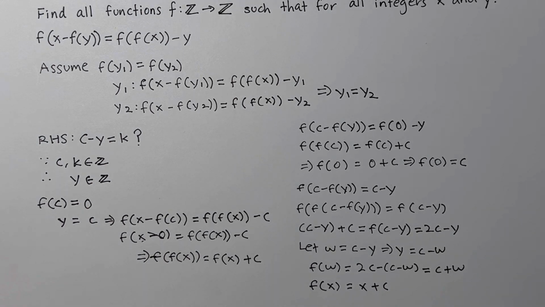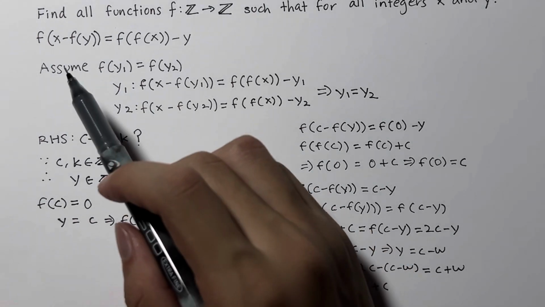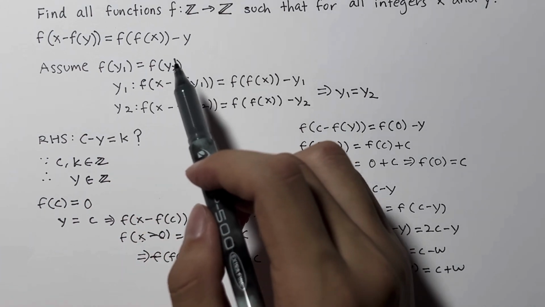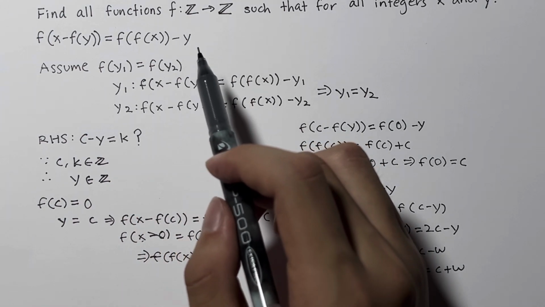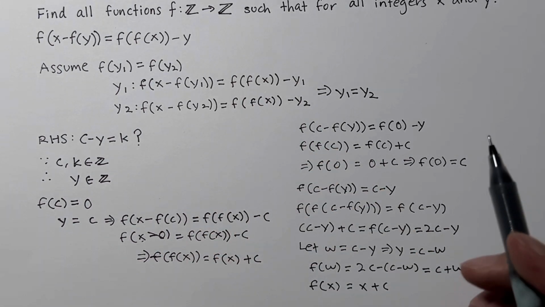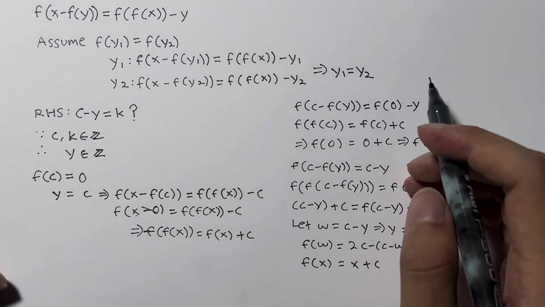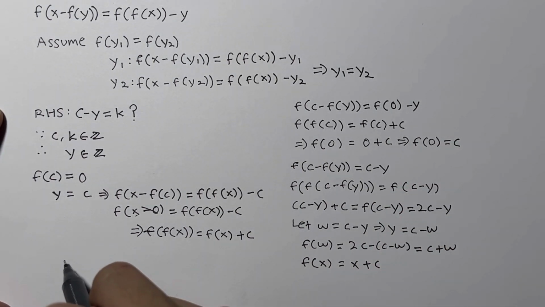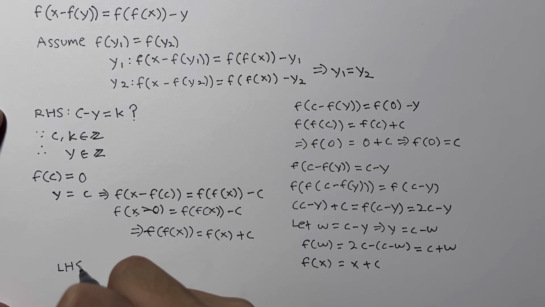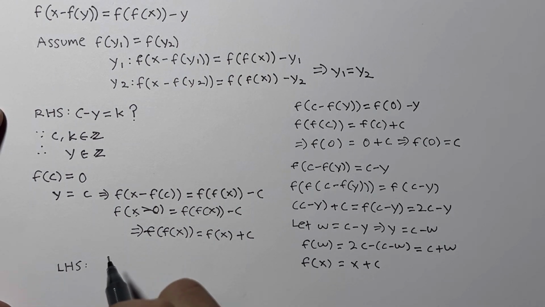So now we've deduced that if a solution exists, it must be of the form f of x equals x plus c. Now, we must plug it back into the original equation to see for which values of c it actually works. Remember that the original equation was f of x minus f of y equals f of x minus y. The left-hand side was equal to f of x minus f of y.